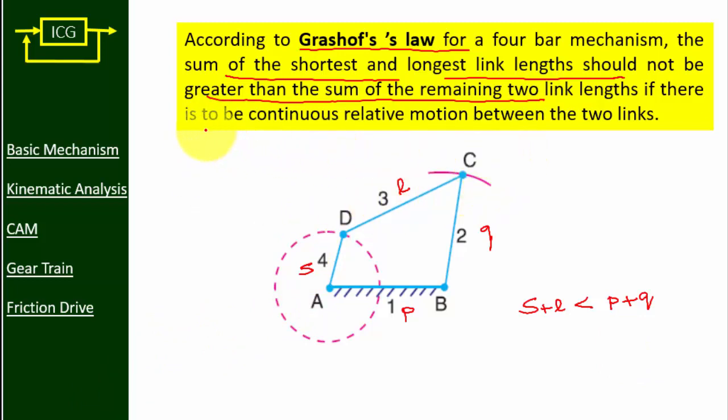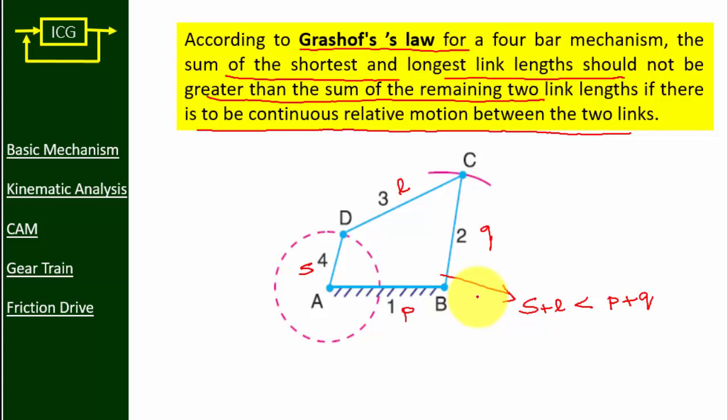Because then only the crank makes continuous relative motion between links. So the application of Grashof's law states that whenever you want a crank to make a complete rotation, then the given arrangement should satisfy this condition.